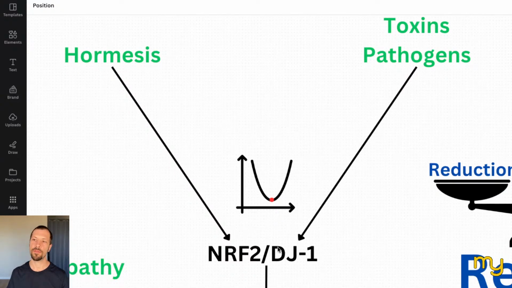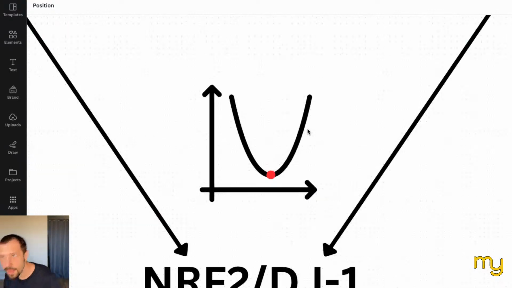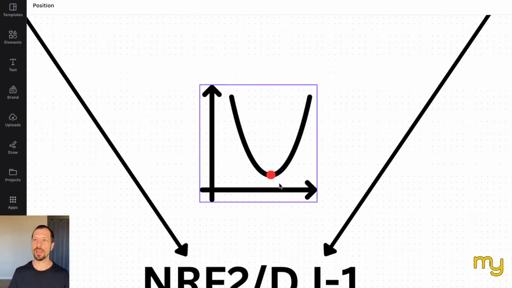Now with NRF2, DJ1, I want to point out that we are looking here at a dose-dependent curve. So this is a bell-shaped curve or an inverse bell curve. And we have an x-axis here and we have the y-axis here.